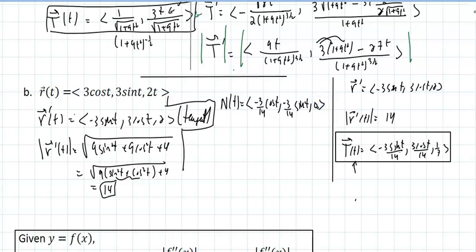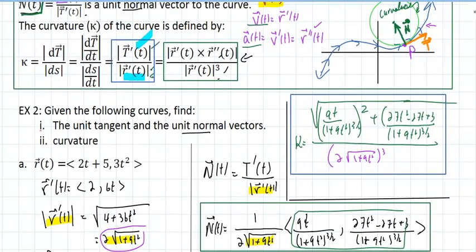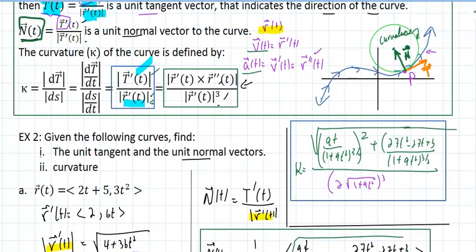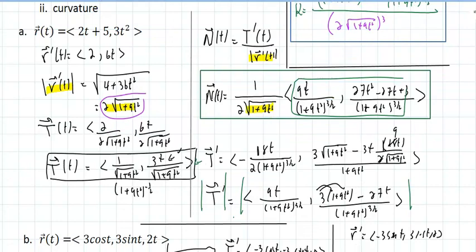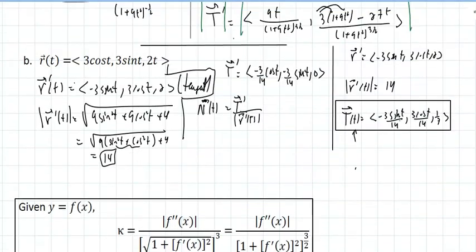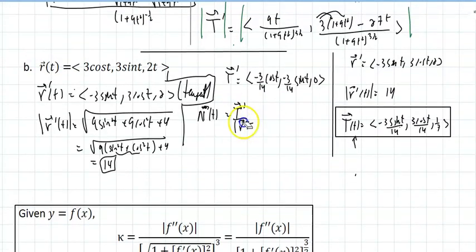That's not N of t, that's really T prime. N of t is T prime divided by the magnitude of T prime of t. Oh, sorry, magnitude of T prime. Did I do that? Yeah, I did. So I need to take a derivative of T. I got it.